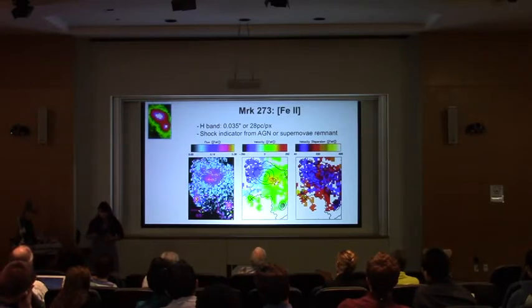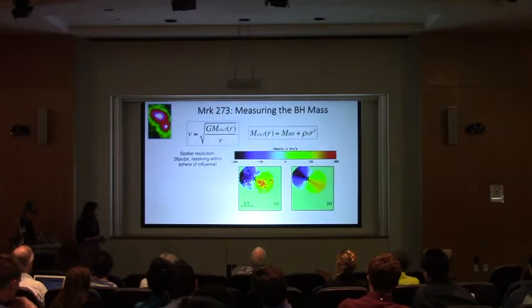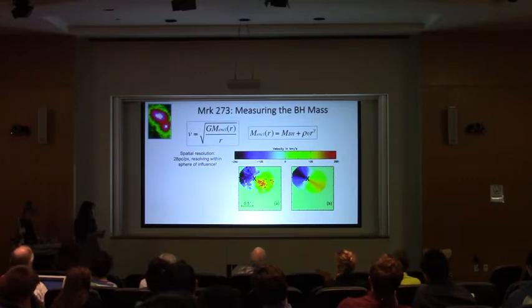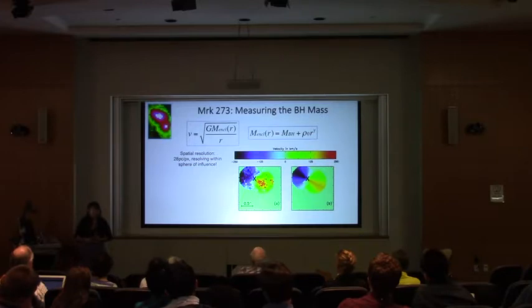What's also interesting about this rotating signature is that it allows us a direct way to measure dynamically the black hole mass in this part of the galaxy. Because we have the spatial resolution to resolve within the black hole sphere of influence, we can measure, at least dynamically, the enclosed mass.